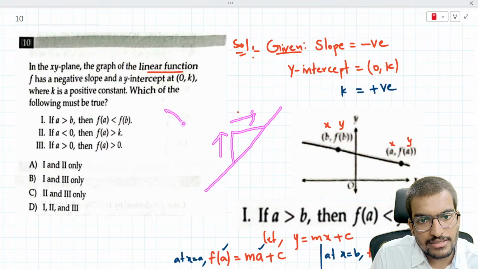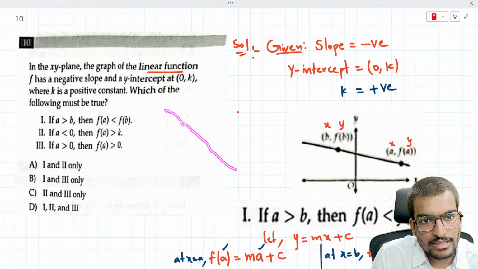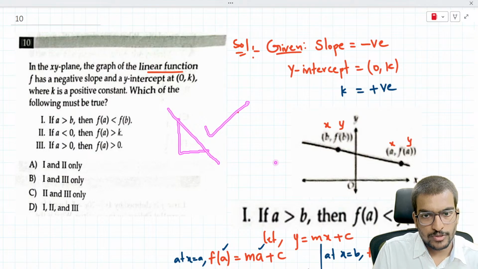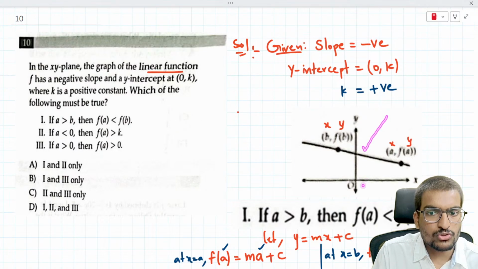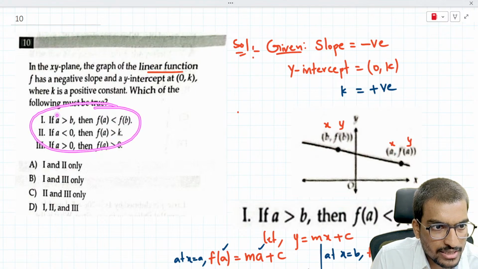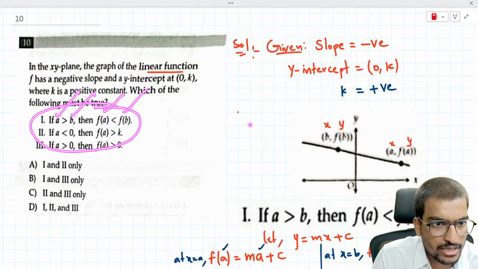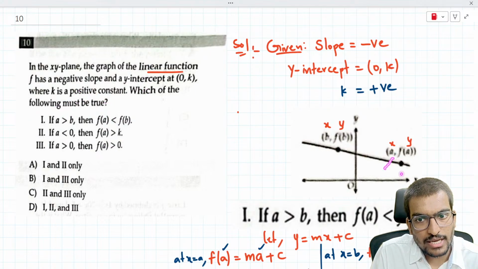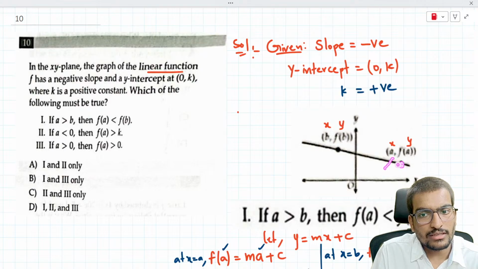If a line is like this, it goes down and right, so it is a negative slope. So I just drew a negative slope and I marked points with the given information, like a and b, f of a and f of b. I just consider 2 points on the line, a and f of a, which means x and y, and b and f of b.